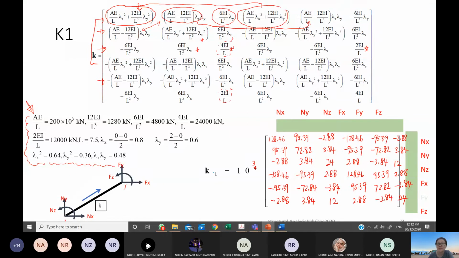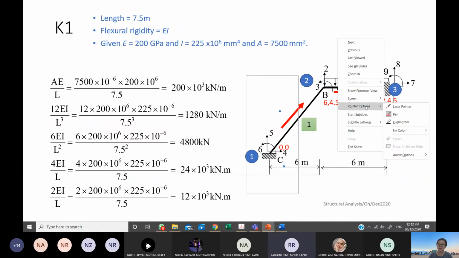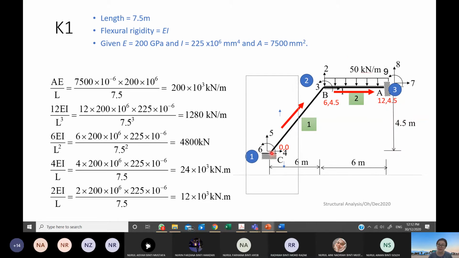For example, here we are looking at element number 1. If you look at near end, we must name with the X first, NX, which is 4. Then NY, which is 5, and then NZ, which is 6. So we need to name 4, 5, 6.